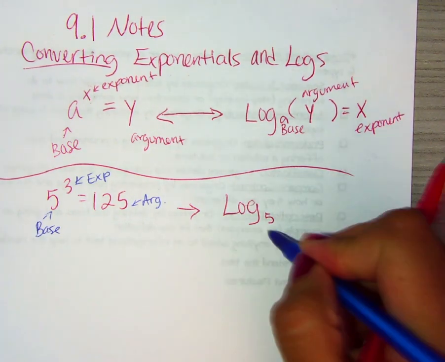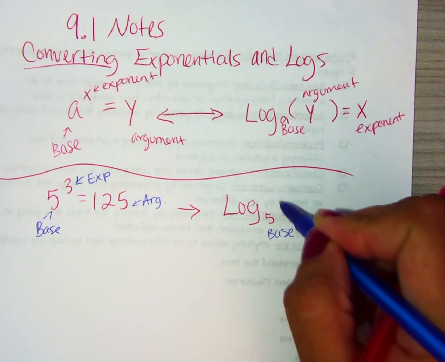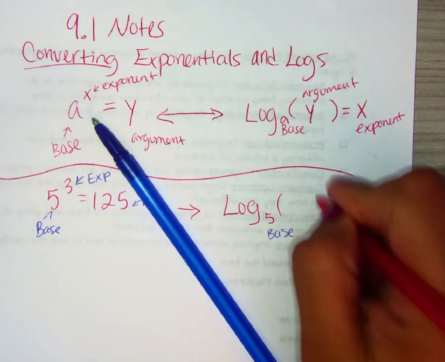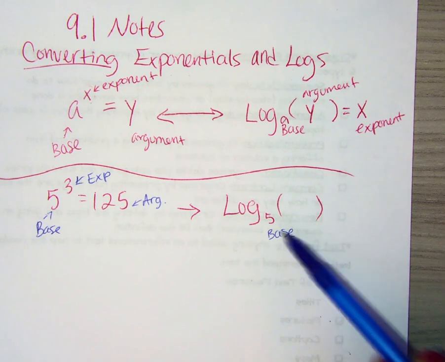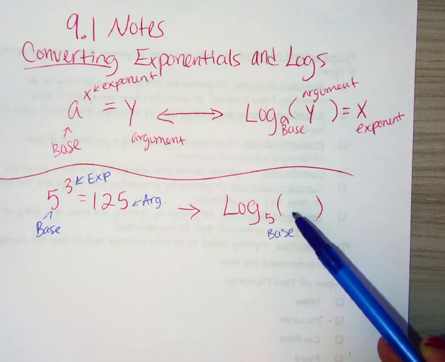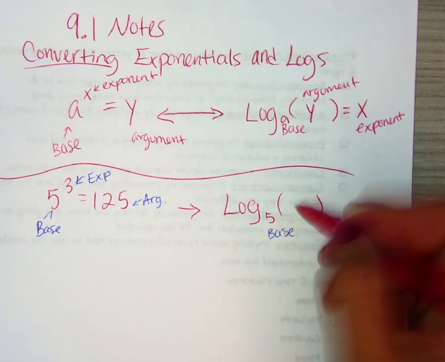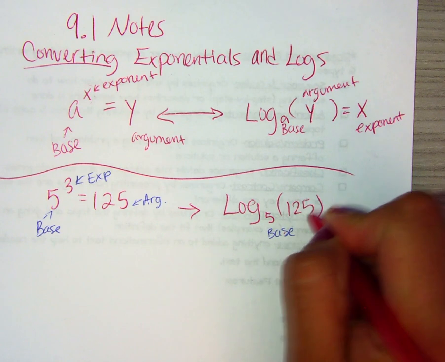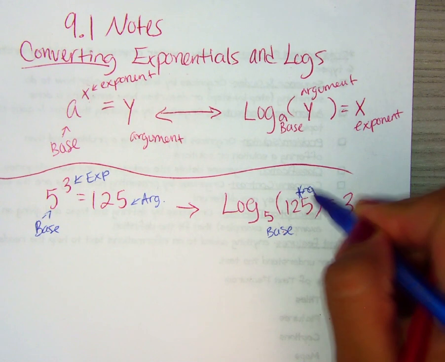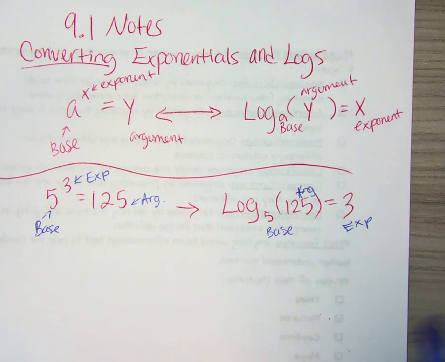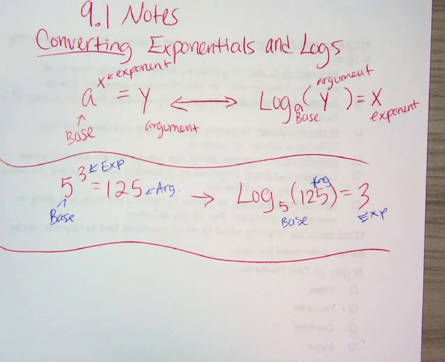And the base is never next to an exponent. The base is always next to the argument. So you're not going to see 5 to the third power here. You can never see the base and the exponent next to each other. So we're going to put the argument, and then it equals the exponent.